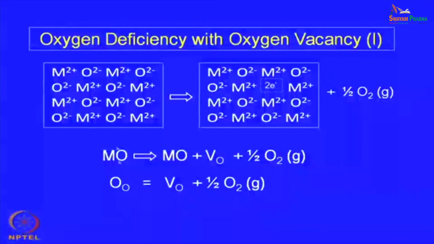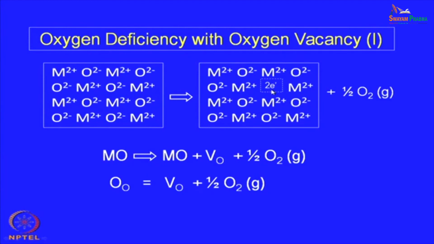So, here is one kind of situation where an oxygen vacancy is being created. This is a perfect lattice, and then an oxygen vacancy has been created here and two electrons have been left there.